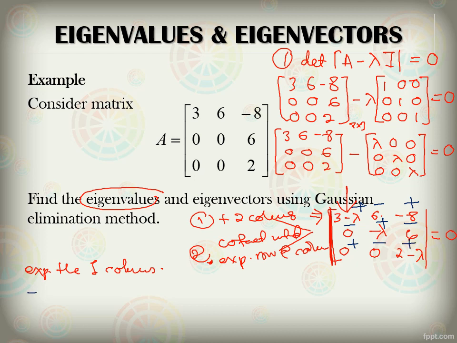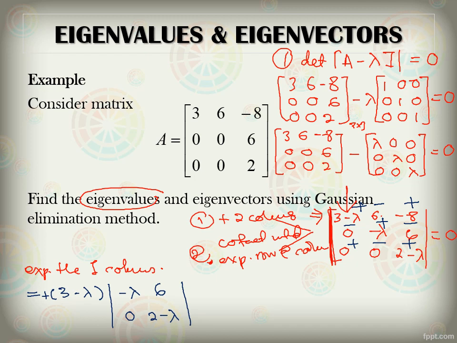The determinant equals the first element, which is 3 minus lambda. Because it is positive, I put it just for your notation. And the submatrix is minus lambda, 6, 0, 2 minus lambda.